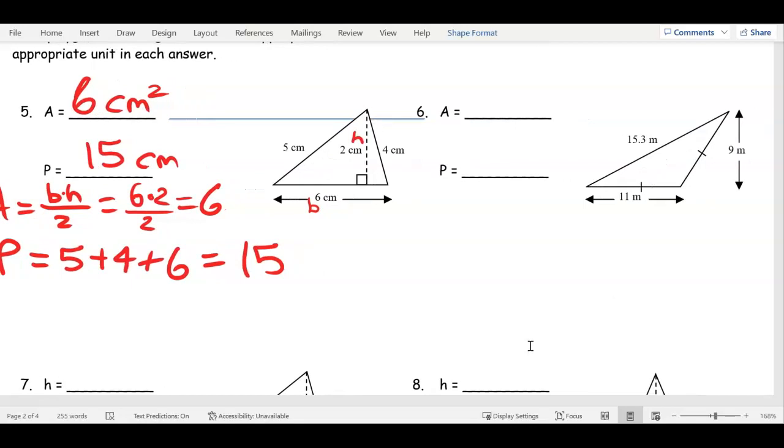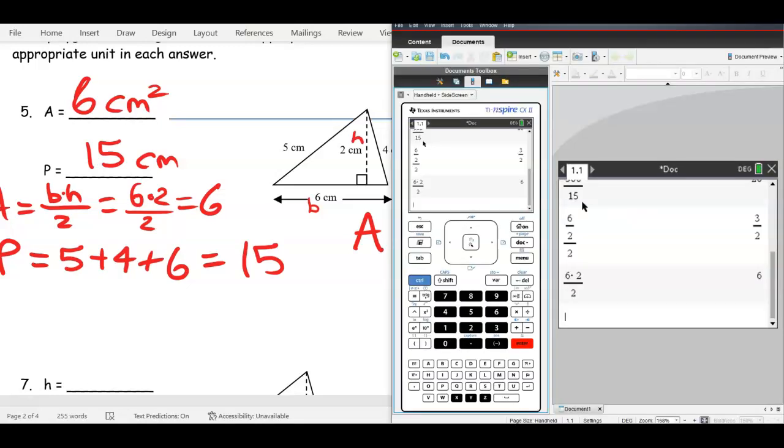Do it again. Area equals. What's the base? What's the height? So the base is 11. The height is 9. 11 times 9 divided by 2. When you type it in your calculator, you're going to want to press Control Enter because it's a decimal answer. 11 times 9 over 2.